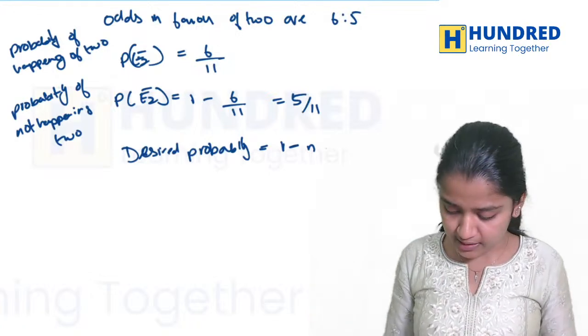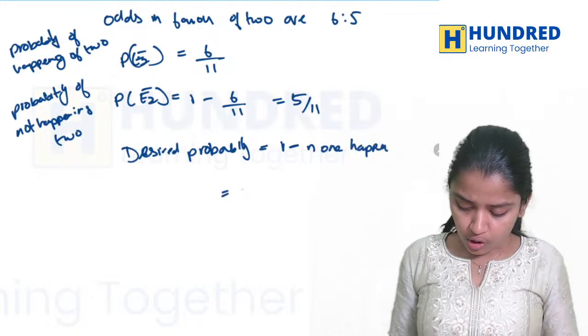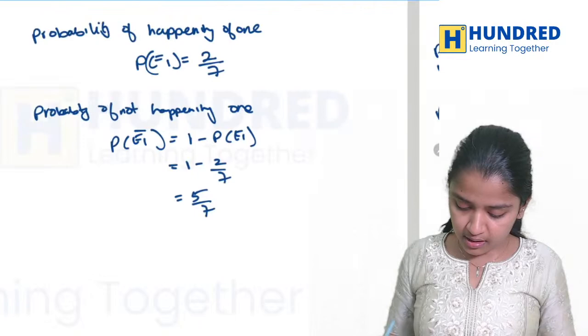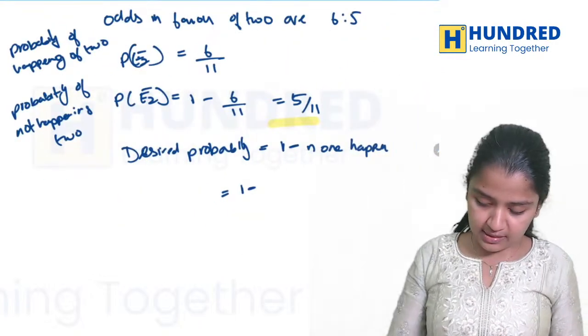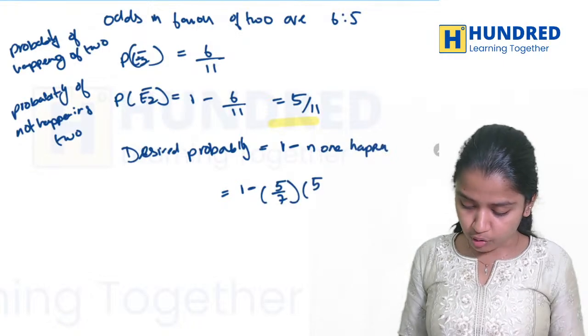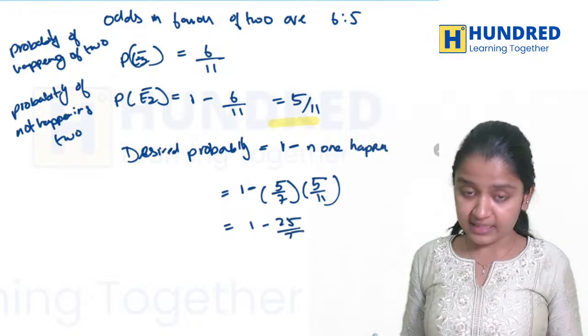So 1 minus none happens, this and this, which will be 5/7 into 5/11, so basically 1 minus 25/77.